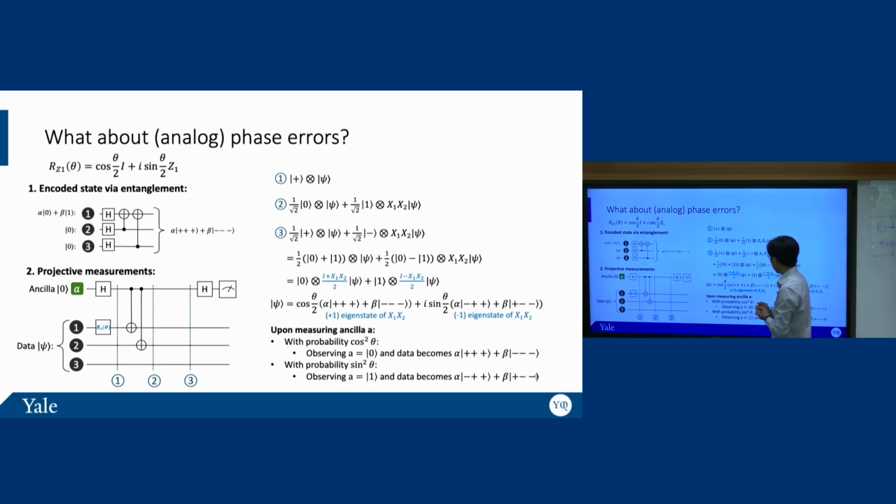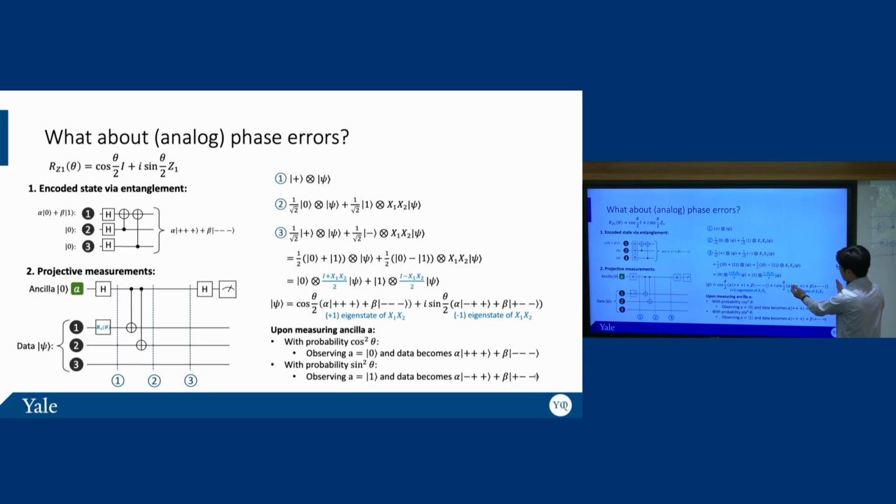Okay. So the summary is that if you observe 0 in the measurement result, we collapse the superposition into the first term, which is the ideal state that we are happy with. If you measured 1, you're going to look at the action of (I minus x1, x2) over 2, and it will collapse to this component of the quantum state, which is the error state.